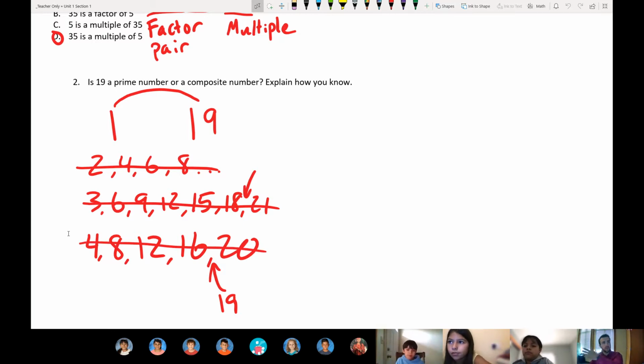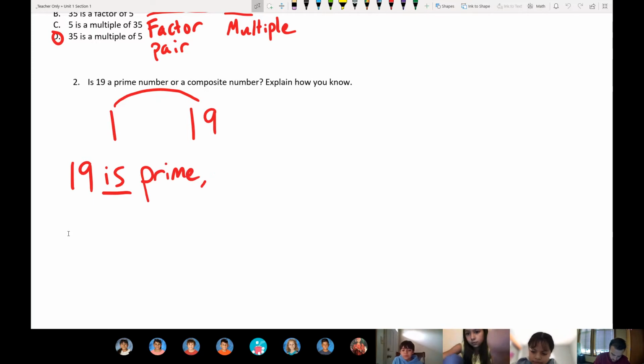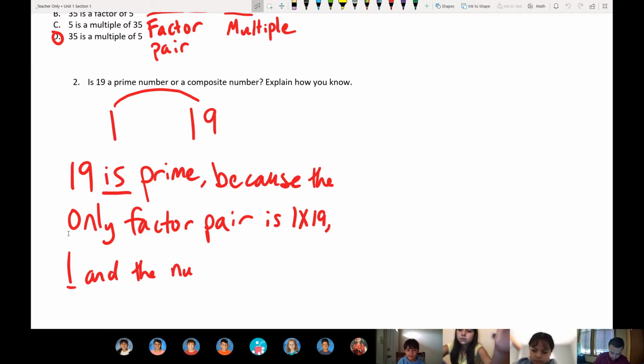And we keep trying over and over, but the only factor pair in the end is 1 and 19. Okay, so therefore, it is a prime number. So 19 is prime because the only factor pair is 1 times 19, or I guess you could also say 1 and the number itself.